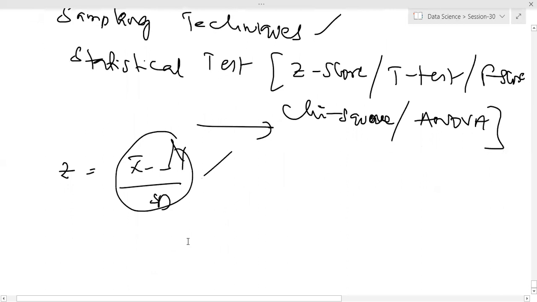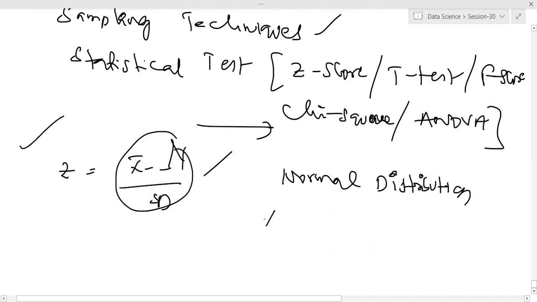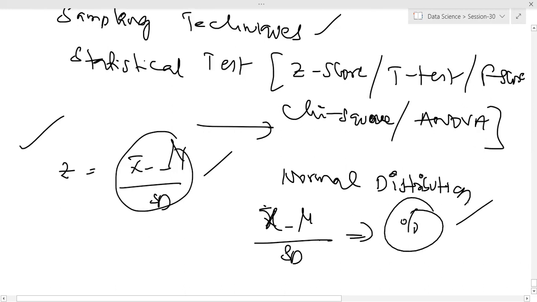Suresh, you are very correct, because in some of the examples, especially in the case of the normal distribution, you can apply your Z-score also, because we know the mean and the x value, so x minus mu over the standard deviation, so that we can find out the percentage.